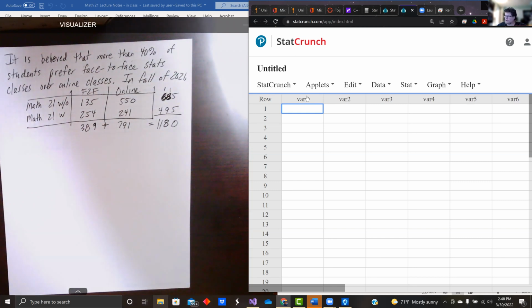So if we think more than 40% of students prefer face-to-face, we can check that result here. We got to decide what we're going to consider a success.